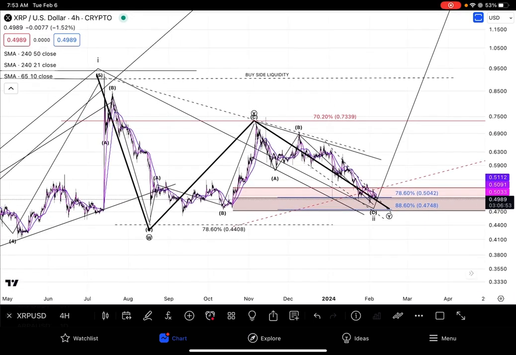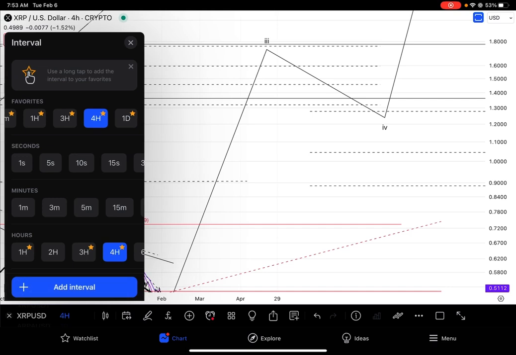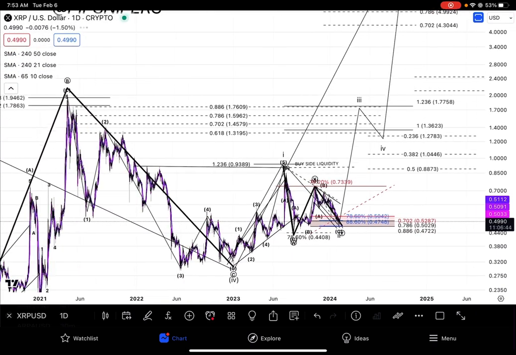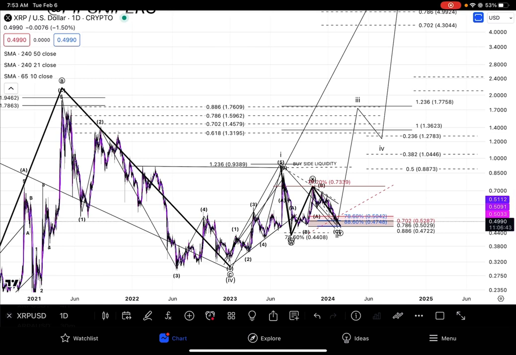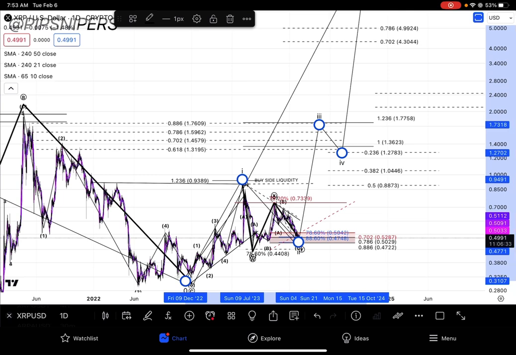So after this WXY correction is finished, we're going to come up for our third wave, and we're likely going to have a very quick wave 4 because our wave 2 was long and drawn out. It lasted over 192 days. So it wouldn't surprise me that we have a very quick and shallow wave 4.